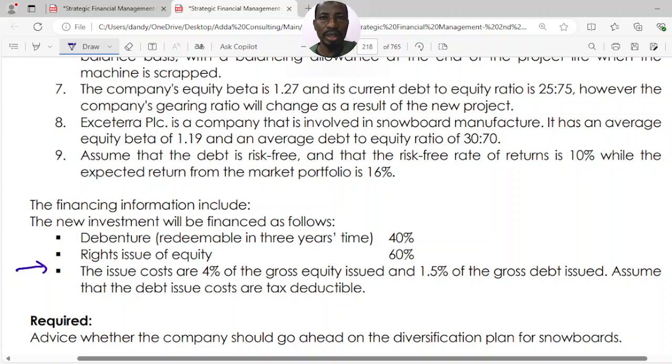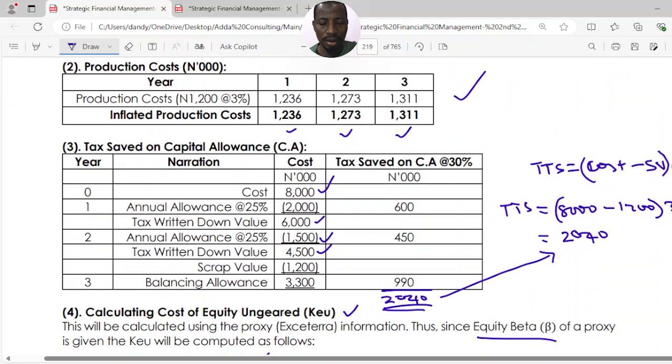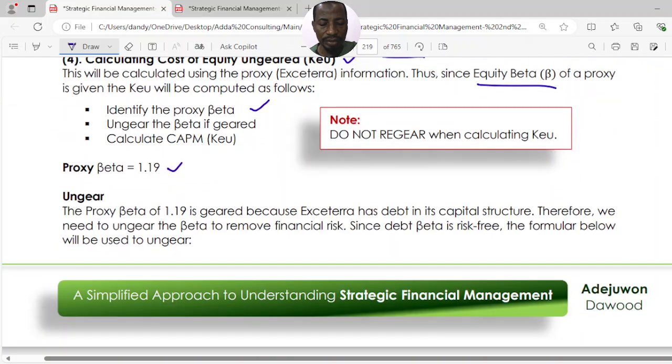Therefore, we need to calculate the PV of issue cost. But the first thing first, before we do this, we need to ascertain whether we want to use cost of borrowing or the risk-free rate of return, or whether we want to use the gross finance required. So if that is the case, I will then come here. I need to go and calculate the gross finance required.